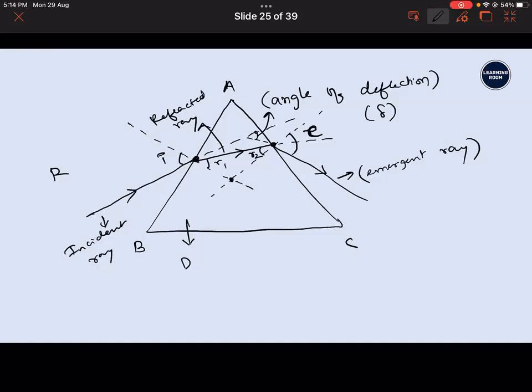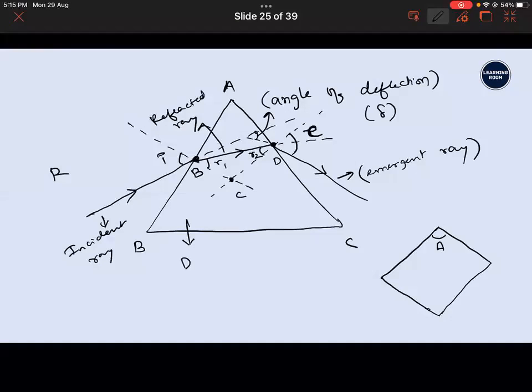Now our job is to find the relation between all these parameters. If I take this to be ABCD, the quadrilateral, and this is A, then observe that this line is making an angle of 90 degrees. Because BC is a normal and DC is a normal, this angle will be 90. Similar is the case on the other side, this angle will also be 90.